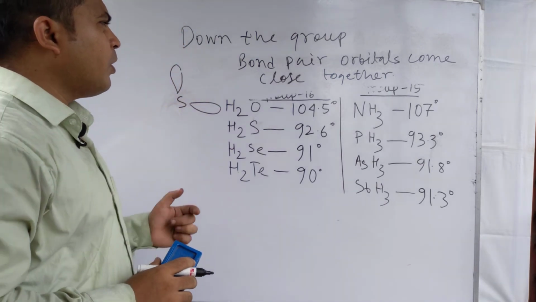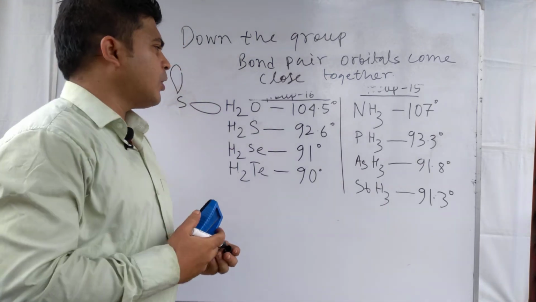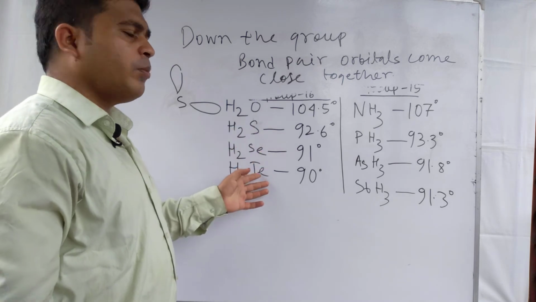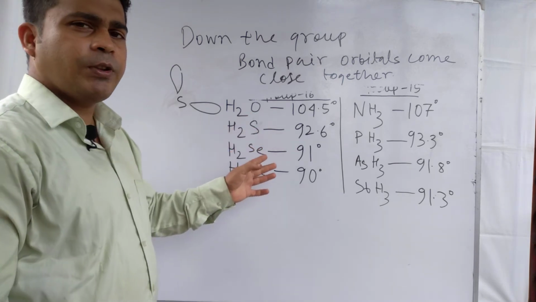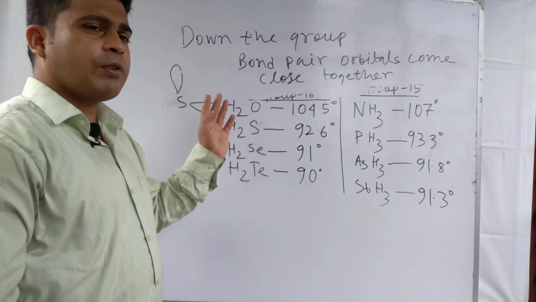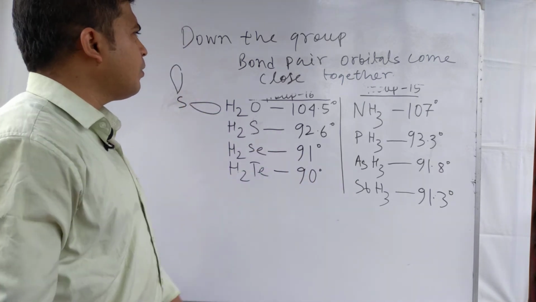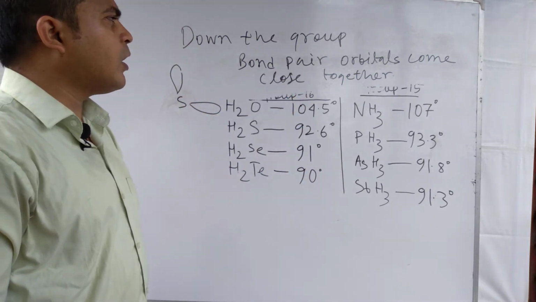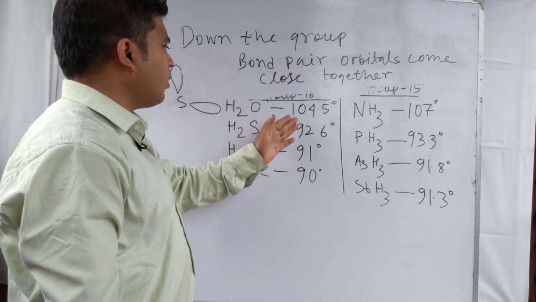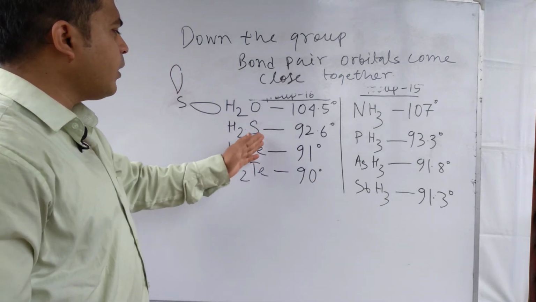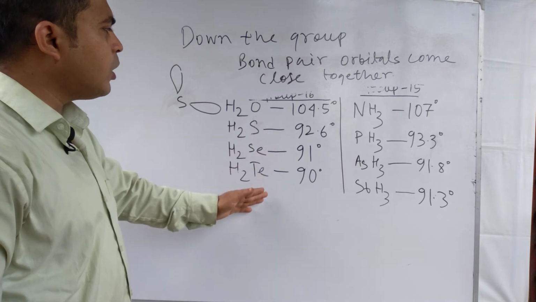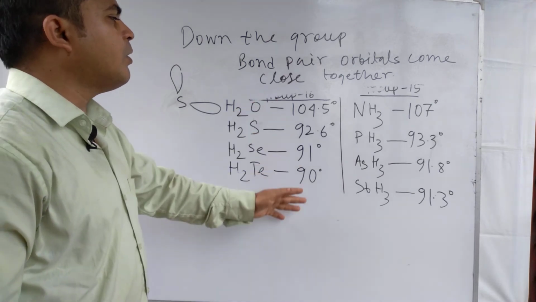Bond pair orbitals come close together because down the group the size of atom increases, electronegativity decreases, and the bond pair lies at more distance from the central atom, and for this reason the bond pair orbitals come close together, and for this reason the bond angle of the down the group hydrides decreases.